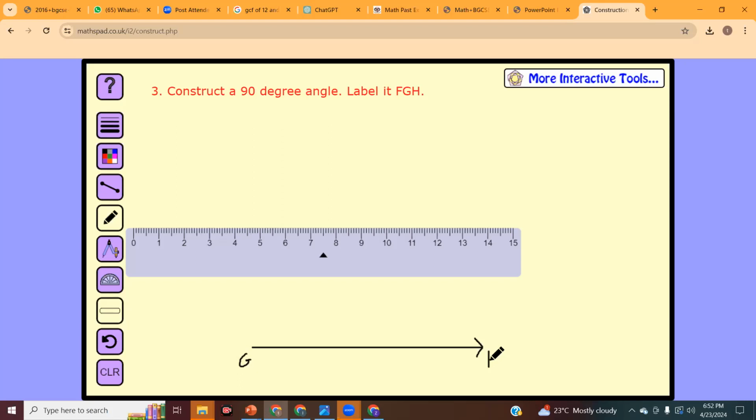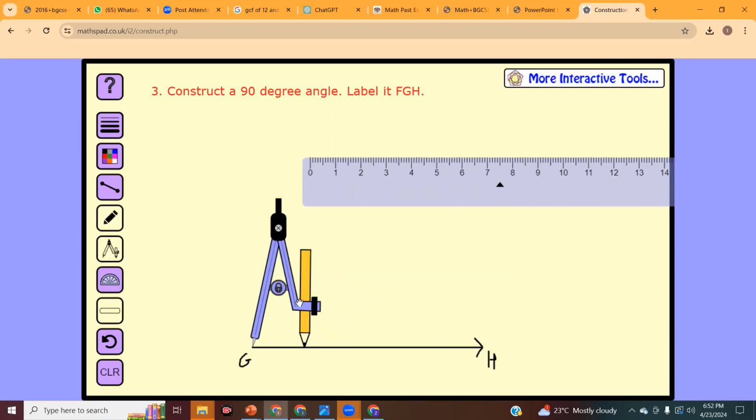Next, Nivea, what are we going to do after this? We're going to use our compass and draw an arc intersecting the ray. Very good. For this one, you don't want your arc to be long, because if your arc is too long, you'll end up not having enough space. So make sure your arc is not too big, but of sufficient size.